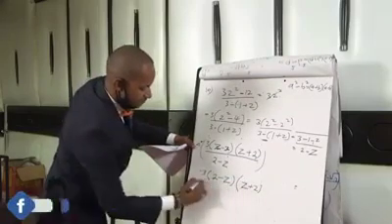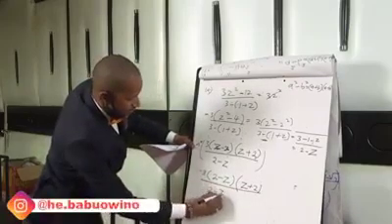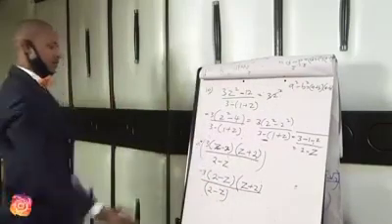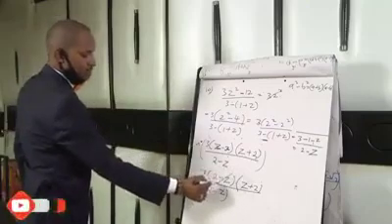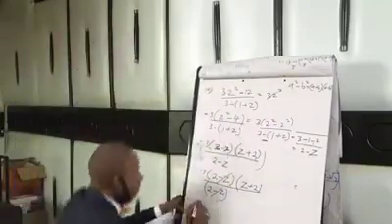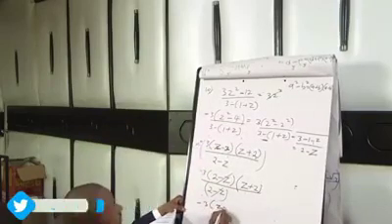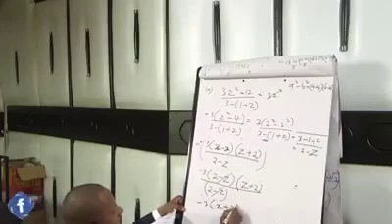This remains. You divide by 2 minus z. So we can clearly cancel 2 minus z and 2 minus z. What do you remain with? Minus 3 into z plus 2.